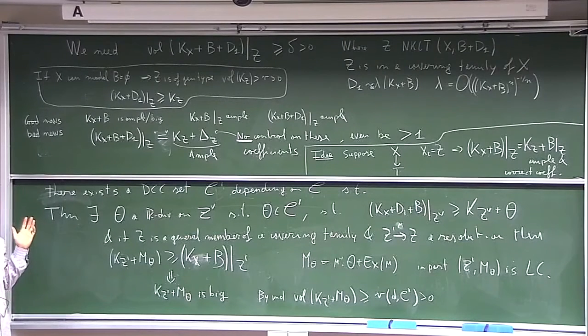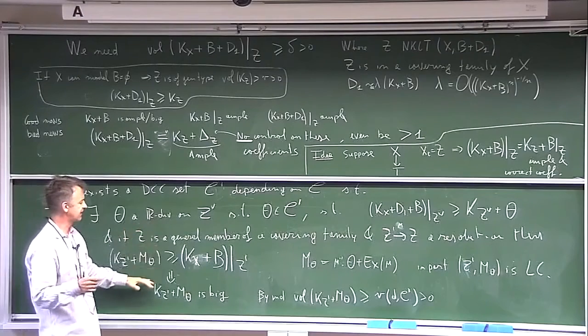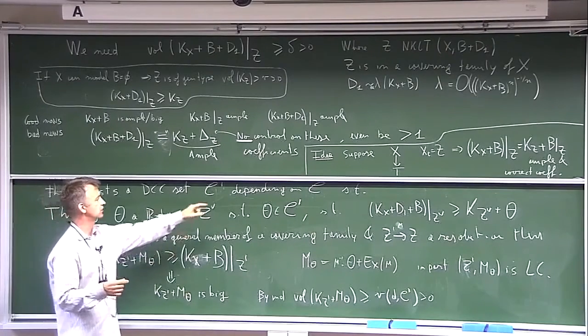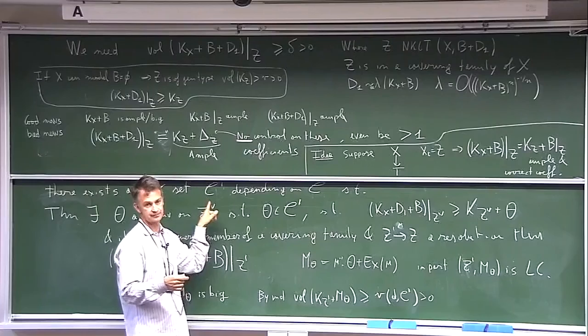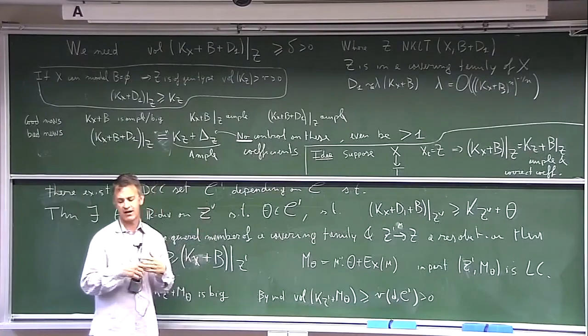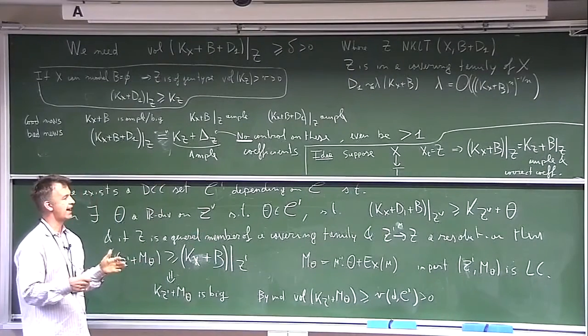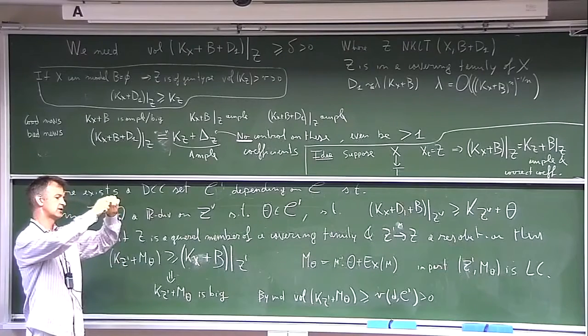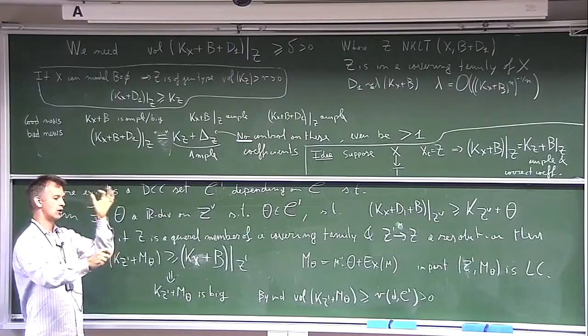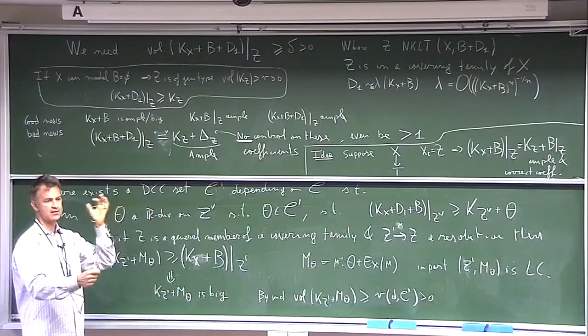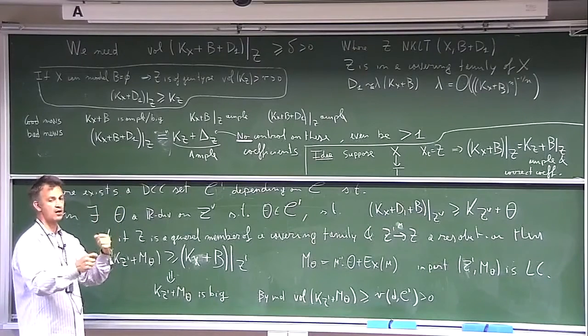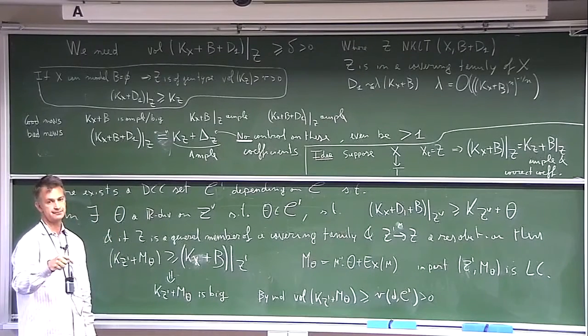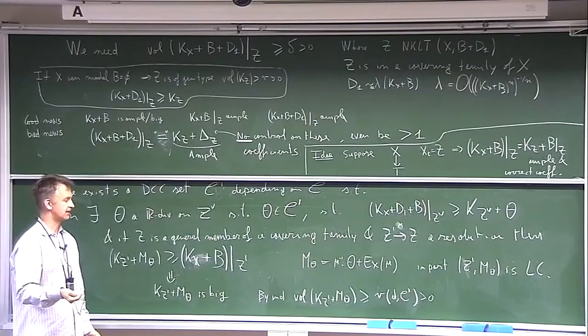And you shouldn't be shocked that in the process of doing adjunction, the coefficient set changed. We've already seen very basic examples where you restrict to a line on a cone over a rational curve, and the coefficients change from the set 1 to the set 1 minus 1 over n, to a new DCC set.